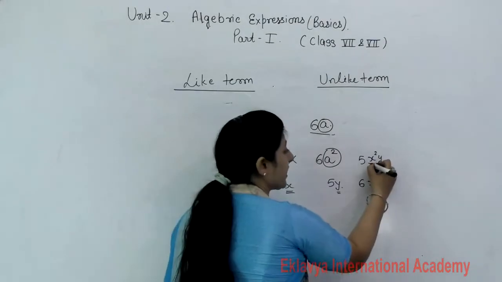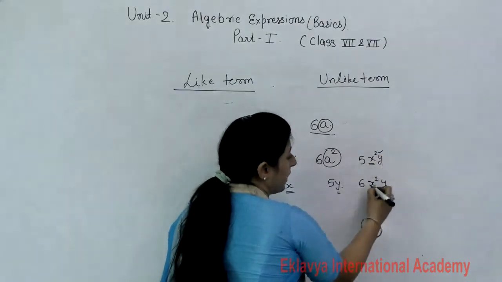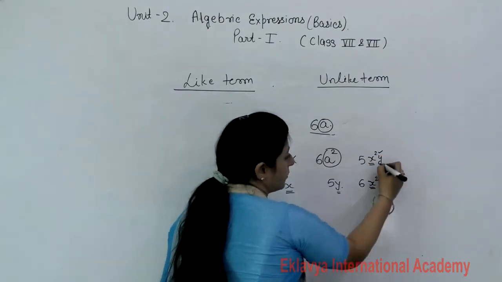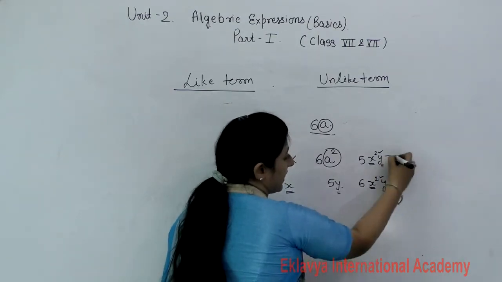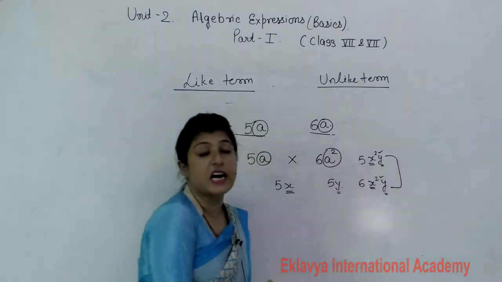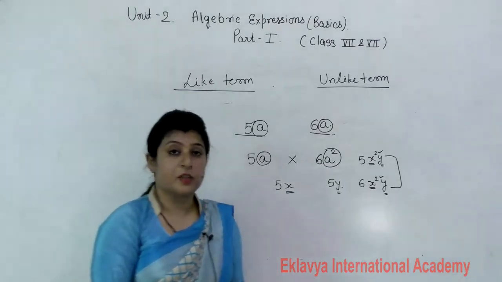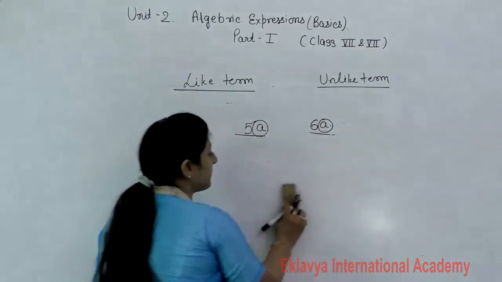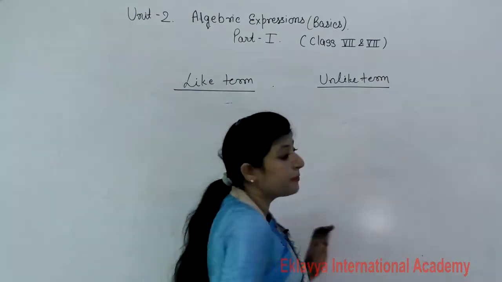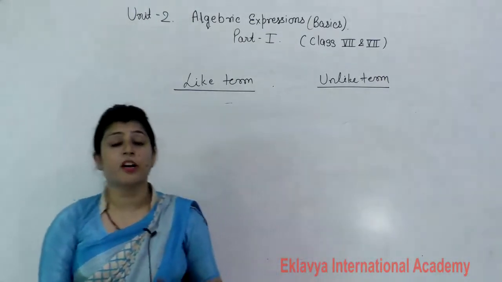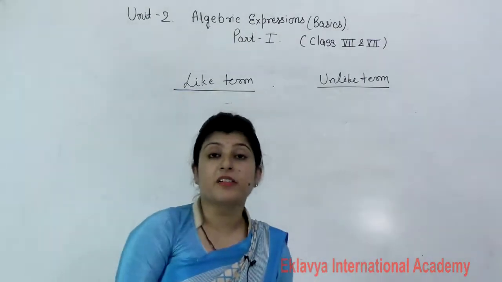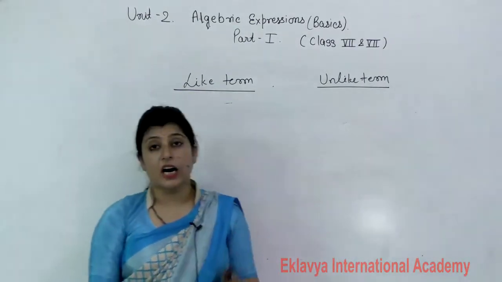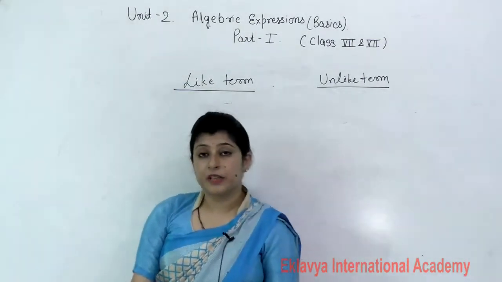Here one variable is x power 2, here also x power 2. Here y, here y. It means these are like terms. Terms which have the same type of variable with the same power are like terms, and if the variables are different or they differ in power, they are called unlike terms.